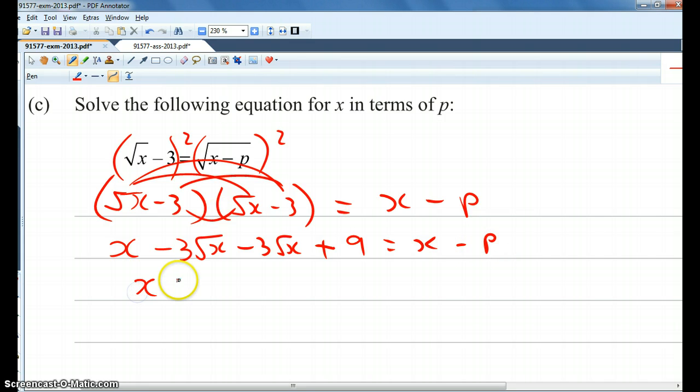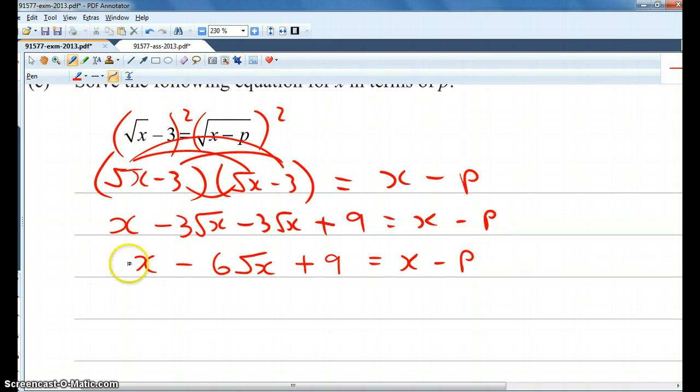Okay, x minus 6 times the square root of x plus 9 equals x minus p. Now, I've got x on both sides, it can just cancel, can't it? So I have got, I'm going to switch them over. Oh no, I'm not. That's alright.